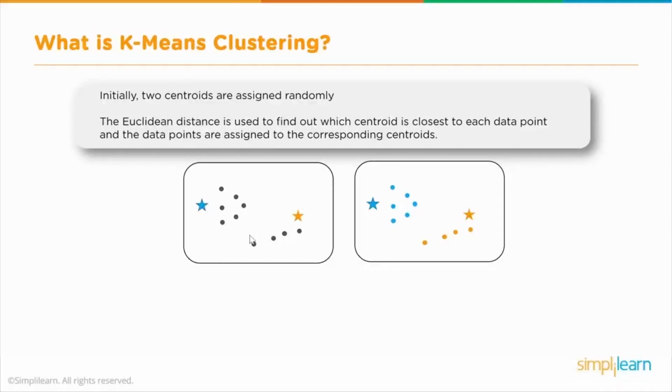So for every point, the distance is measured from both the centroids, and then whichever distance is less, that point is assigned to that centroid. So for example, in this case, visually it is very obvious that all these data points are assigned to this centroid and all these data points are assigned to this centroid. And that's what is represented here in blue color and in this yellow color.